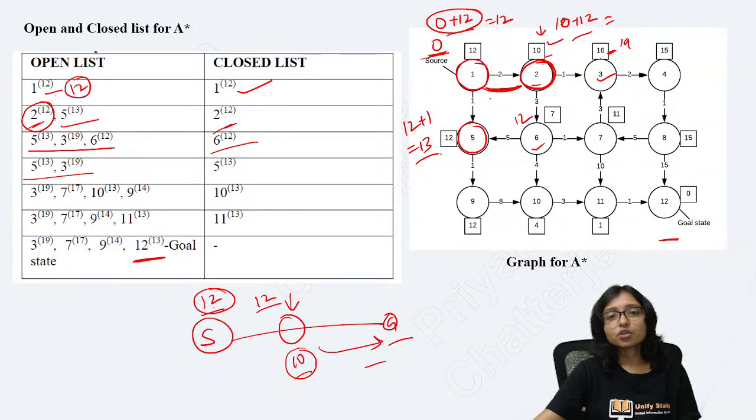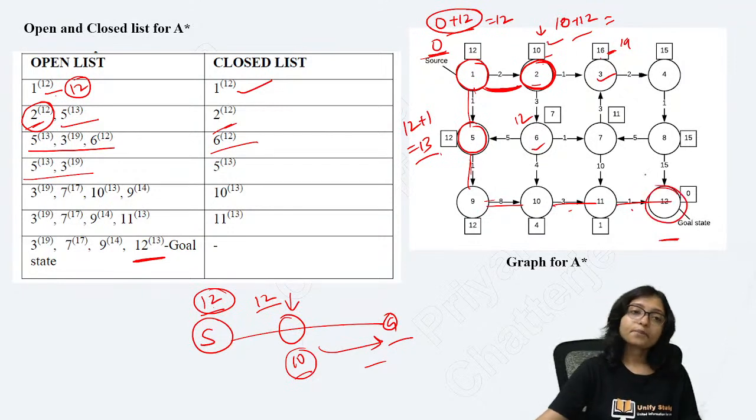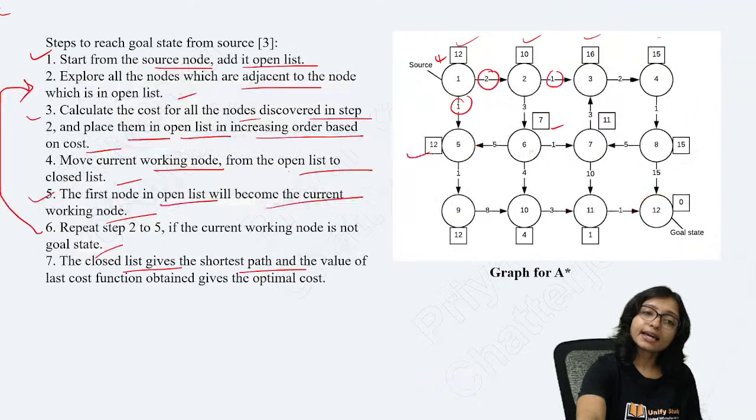In the same way, through the same path you will be able to reach, but it will not be 13. The answer should be 14, I think. I probably made the same mistake here. Okay, so the main concept is clear.